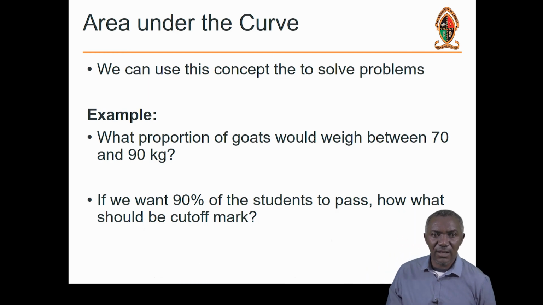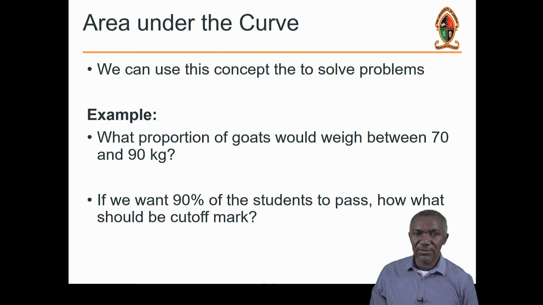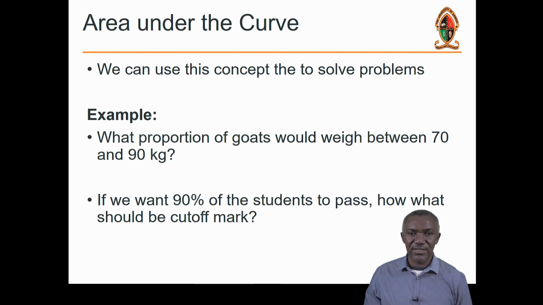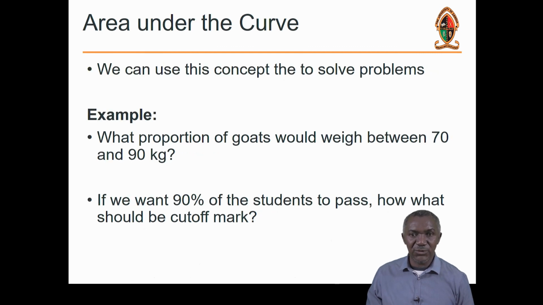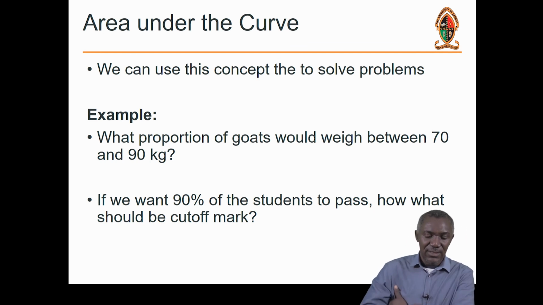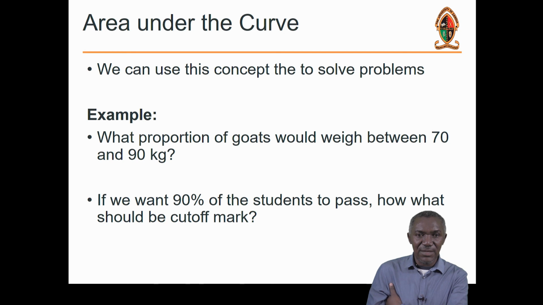Here is an example we can use to solve situations: what proportion of goats weigh between 70 and 90 kgs? If we're given a situation like that, we use the same thinking, where we find the percentile rank for a goat at 70 and also the percentile rank for a goat at 90, and then we estimate the area between these 2 percentiles.